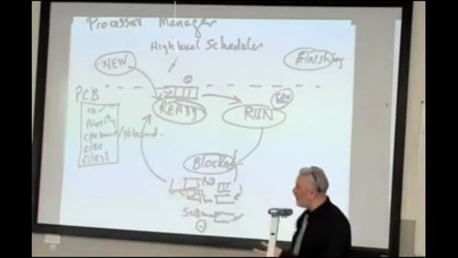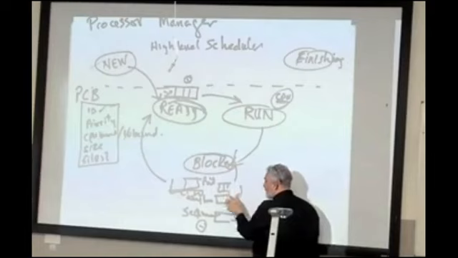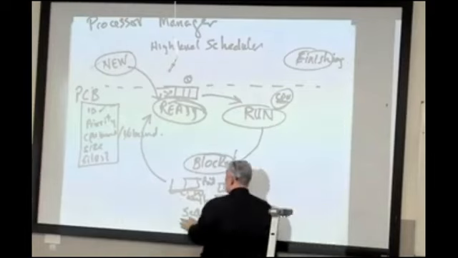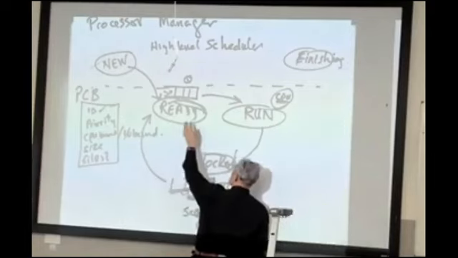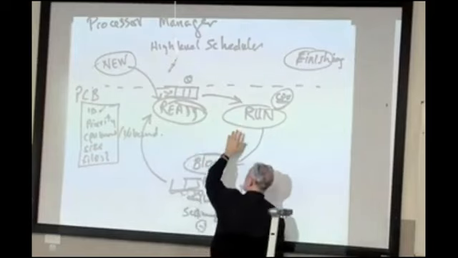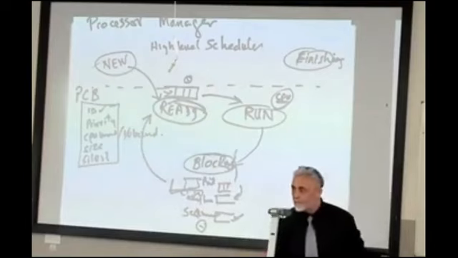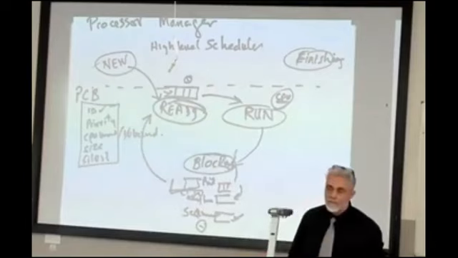So every program goes to the CPU, runs for a little while, says, I need another record. Move it here to the hard disk, read your record, it's brought to the ready queue. Wait until the CPU is ready. It's moved there, it runs and keeps doing that a number of times. It could be hundreds of times, it could be dozens of times, we don't know, depending on the program.